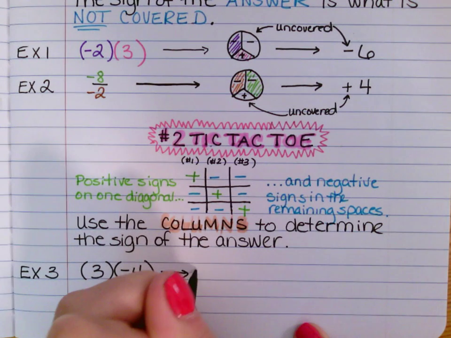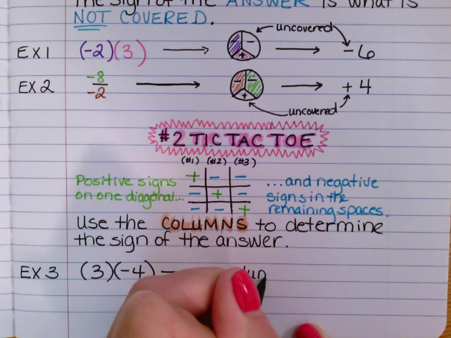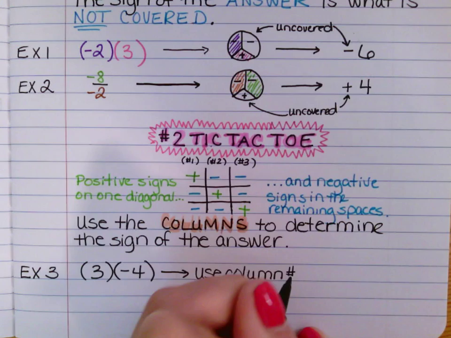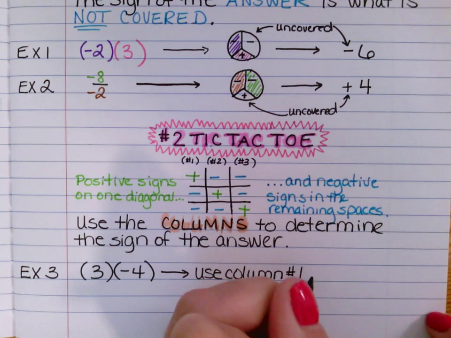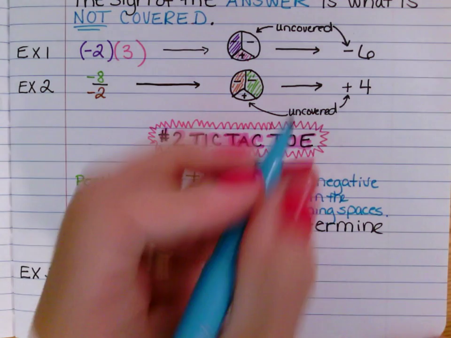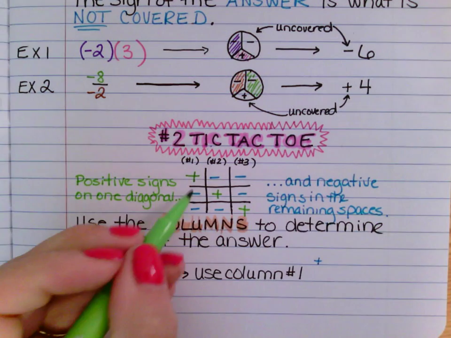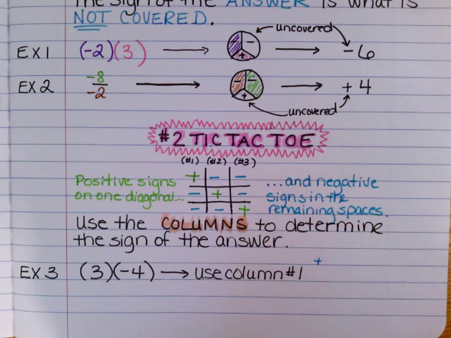So we use column number 1, which looks like this. At the top of column 1, it has a plus, so it goes positive.